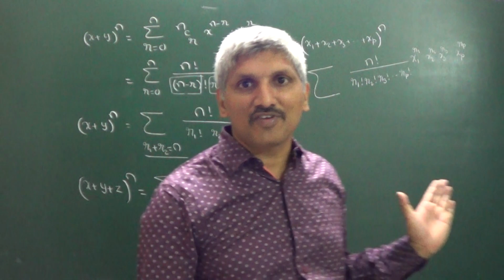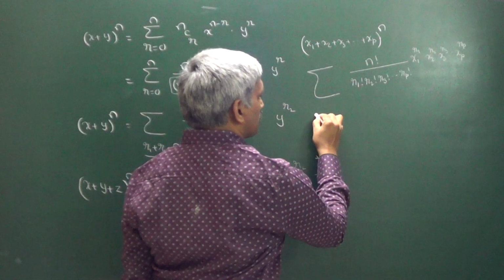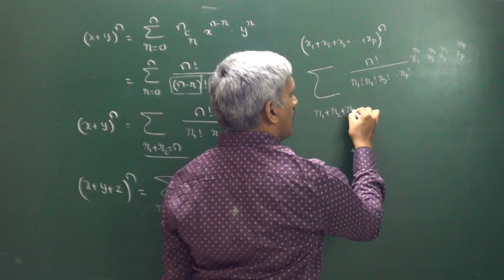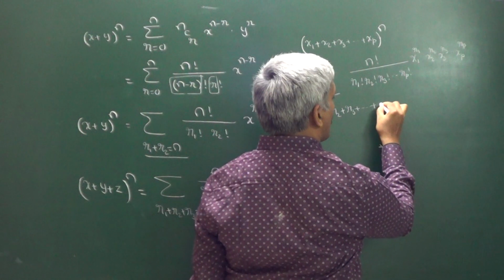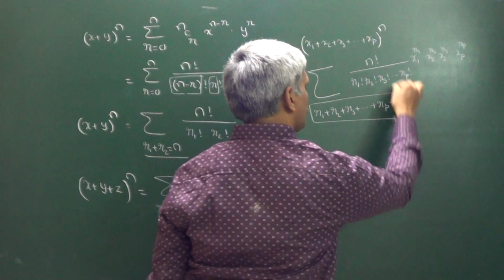That summation we have to expand in such a way that the powers sum must be equal to n: r1 + r2 + r3 + and so on + rp = n.